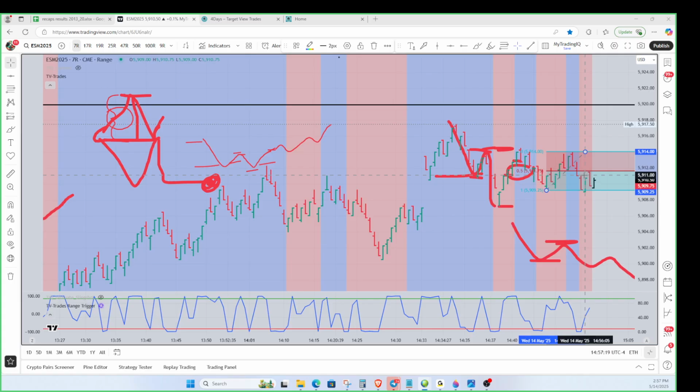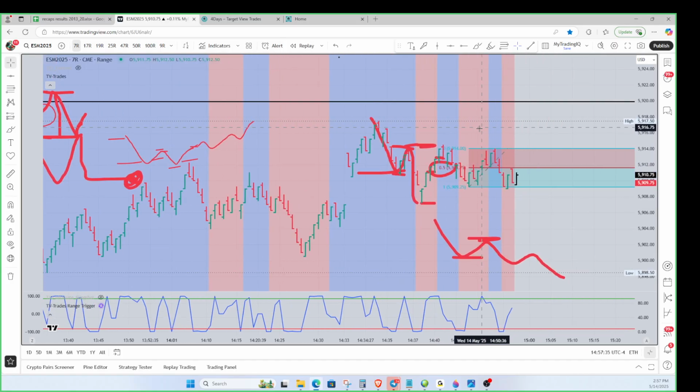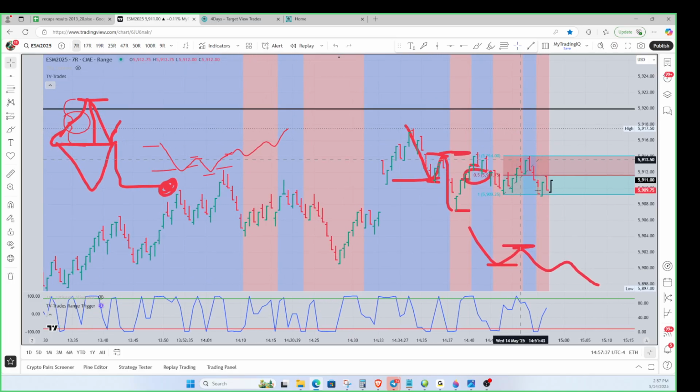I wasn't paying attention to the background color. It should actually move up from here, just regular price action, but I didn't notice that the background color changed. I was too busy in my explanation to realize that.